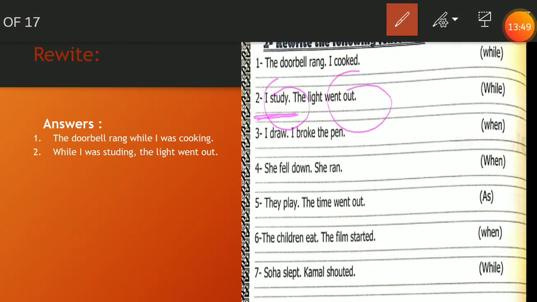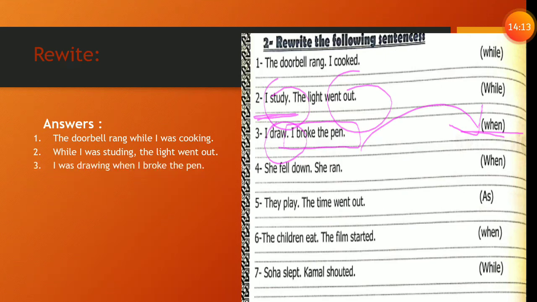I broke the pen. I need "when" in small letters. Which verb takes a long time, draw or broke? Draw. So it will be was or were plus verb-ing, but after "when" you should put the past simple. So: I was drawing when I broke the pen.